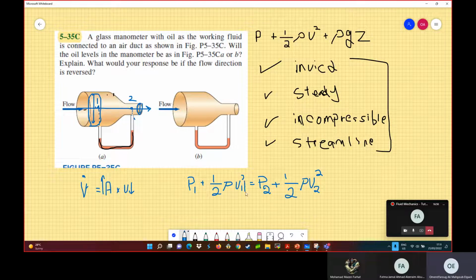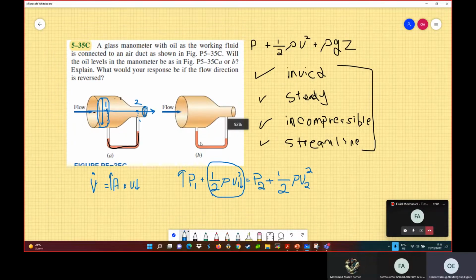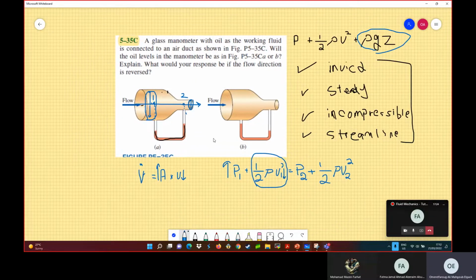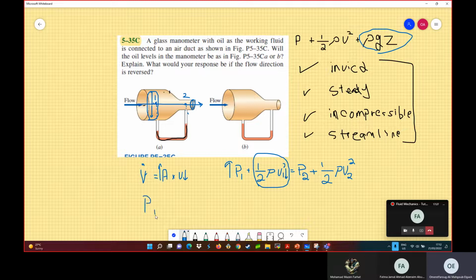And if the velocity is lower, then in order to compensate for this reduction in the dynamic pressure, the pressure should be higher. So to make it a shortcut, just say if the area is higher, then the pressure will be, of course, higher. And of course, here I neglected this term because they are at the same level. Okay, so it will cancel from both sides. And the mechanical energy is conserved. Okay, the pressure at point 1 is larger than the pressure at point 2. Okay, this is the conclusion.